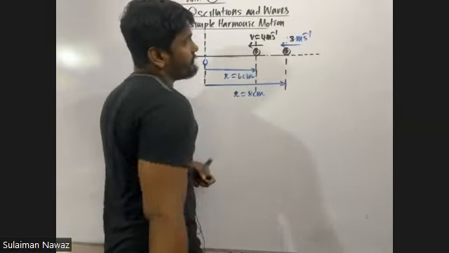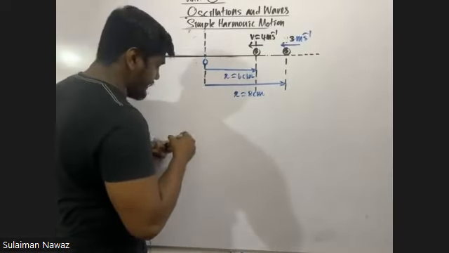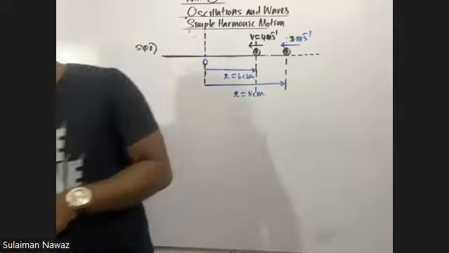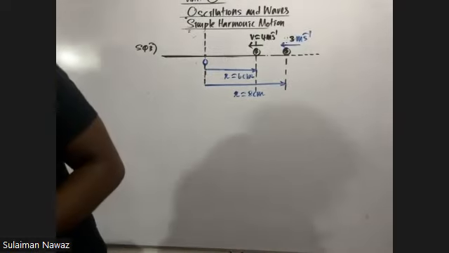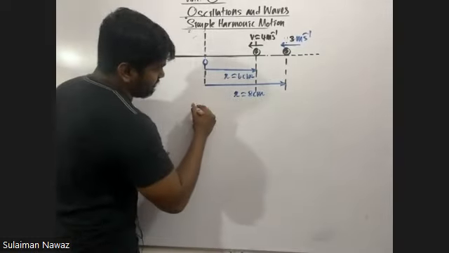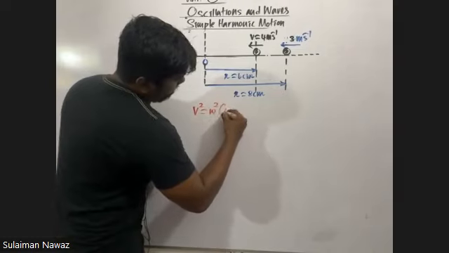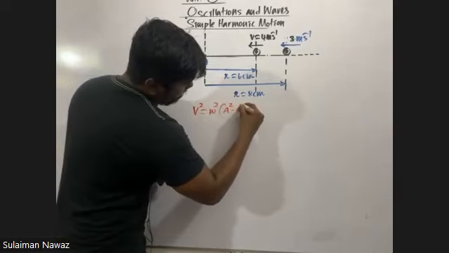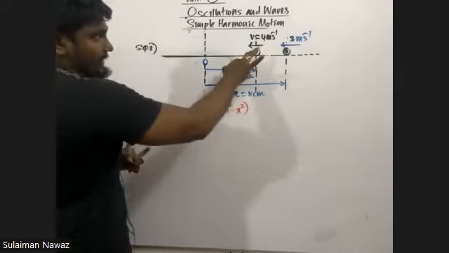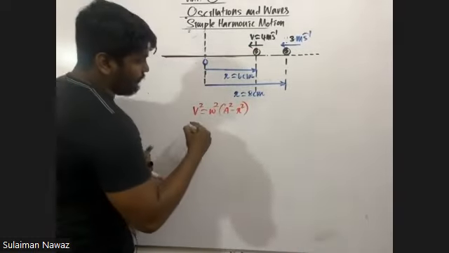It's not important. Now for this instant, you can apply what equation? We can apply v squared equals omega squared times a squared minus x squared. For this instant, if you apply this equation, velocity is 4.